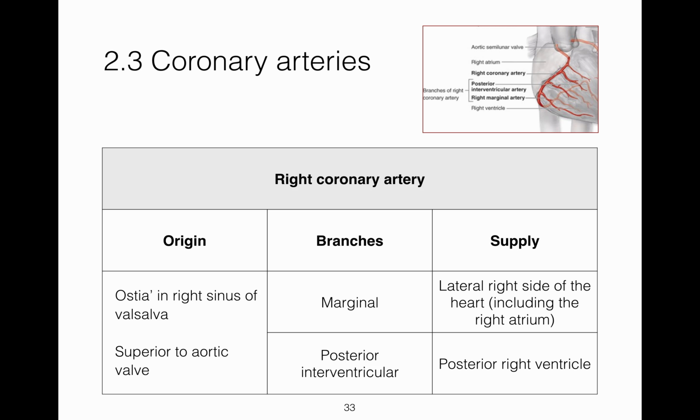Its origin, its ostia, is in the right sinus of Valsalva, which is superior to the aortic valve. There are two main branches of the right coronary, the marginal and the posterior interventricular artery. The right coronary and its branches supply the lateral right side of the heart, including the right atrium, and the posterior right ventricle.